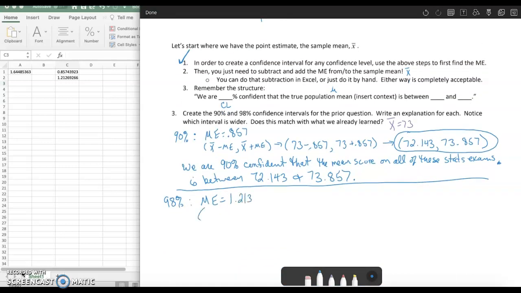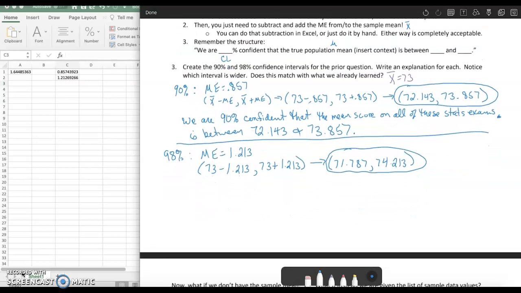So again, I'm going to, in this case, make my interval by the lower limit being 73 minus 1.213, comma, upper limit 73 plus 1.213. And doing those calculations gives us a lower limit of 71.787, comma, upper limit 74.213. So there's my confidence interval.